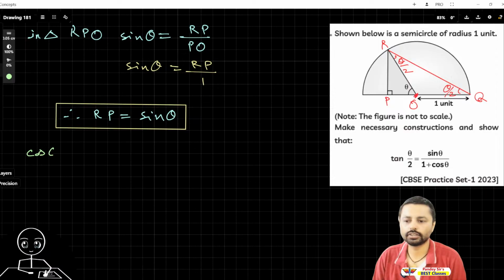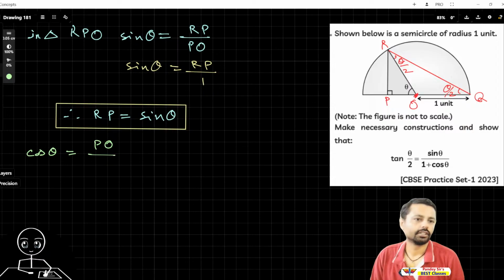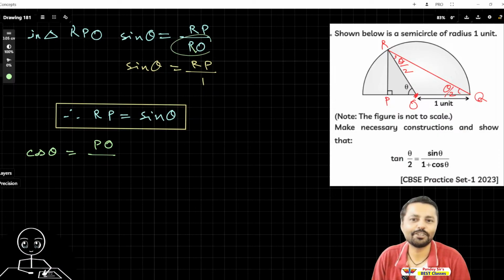Now the next step, let's do cos theta. Cos theta is what? Base by hypotenuse, so PO by RO. This one is supposed to be RO. By mistake I have written PO.